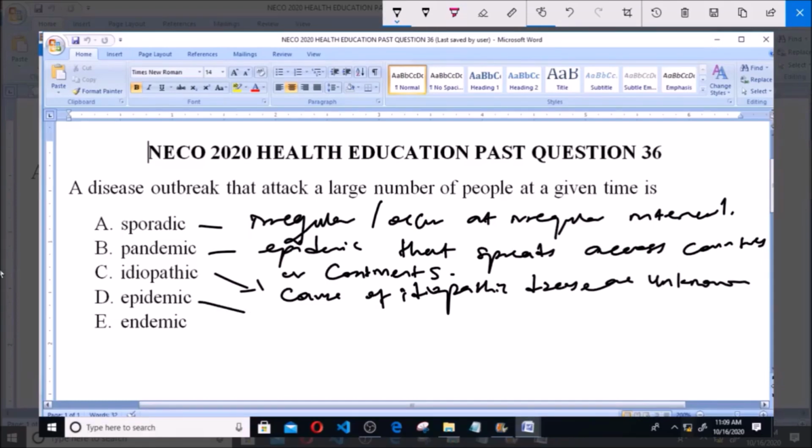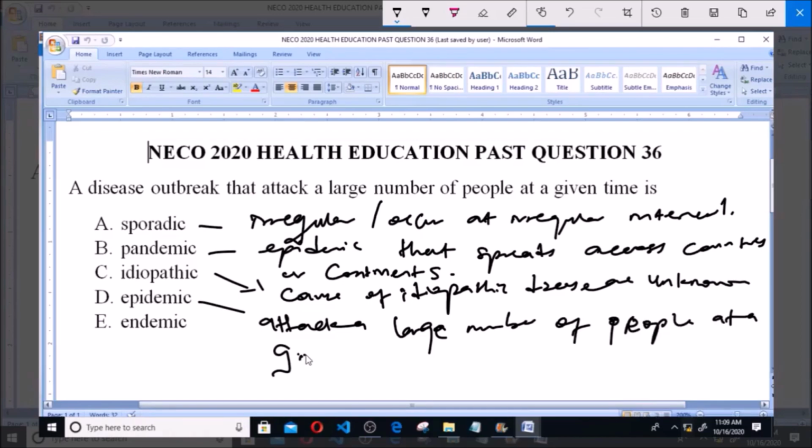Now an epidemic disease is a widespread occurrence of infectious disease in a community over a particular time. Now when a disease outbreak attacks a large number of people or community at a given or particular time, we say it is an epidemic.